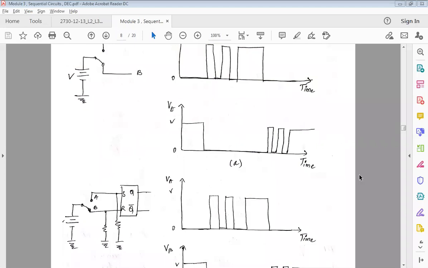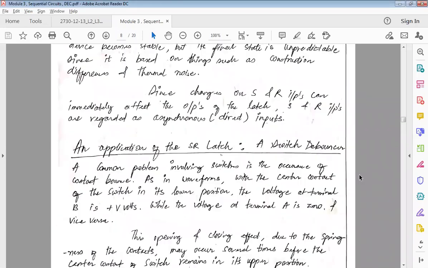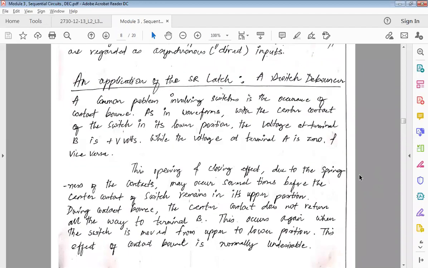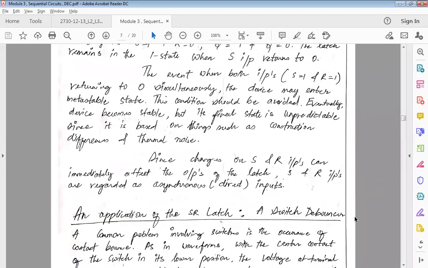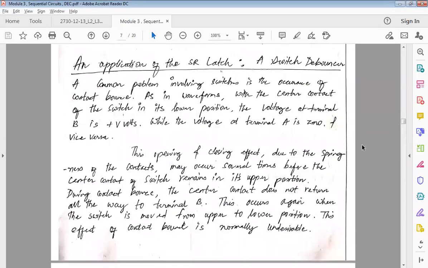Okay. So here we are learning about this application of the SR latch. Latch means it's holding on to a particular value. A common problem involving switches is the occurrence of contact bounce.